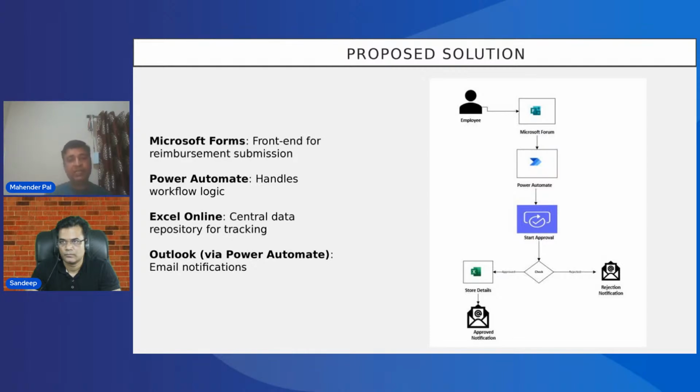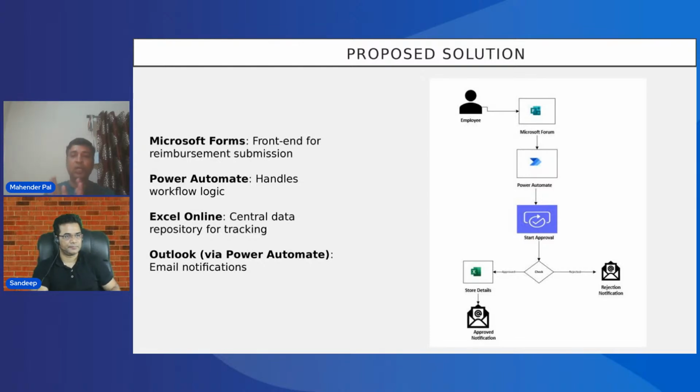For that we are using Excel Online here, where we will be storing that information, right? And after that there will be a notification. For the notification we are using Outlook, so Power Automate will send that notification. The reimbursement request that you have submitted has been approved by your manager, right? Or if there is some issue or difference, different things can happen.